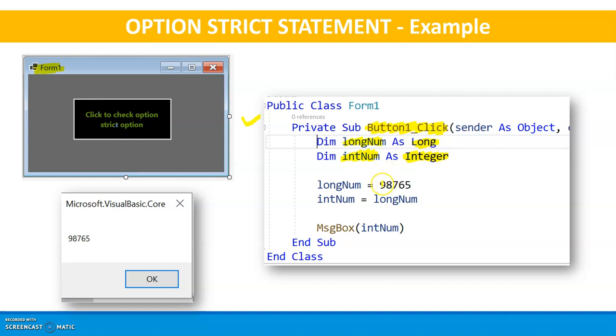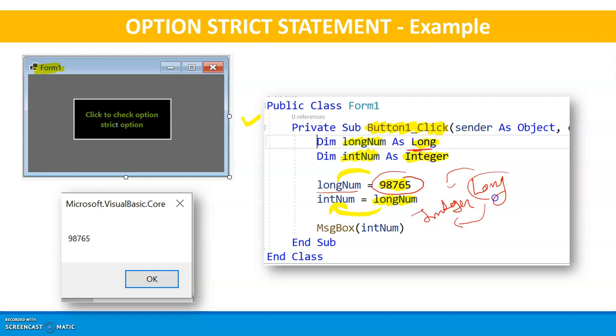As you can see, I am assigning 98765 to the longNum variable, and after assigning this value, I am again assigning this variable's value to the other variable. Indirectly, this is your long value which you are assigning into the longNum variable, which has a long data type, and then in the second statement, the long value you are assigning to the integer.